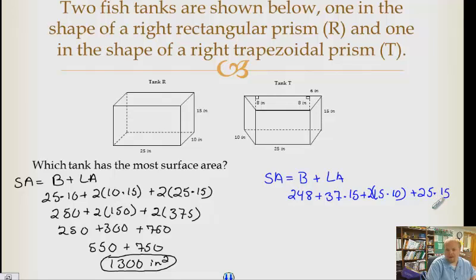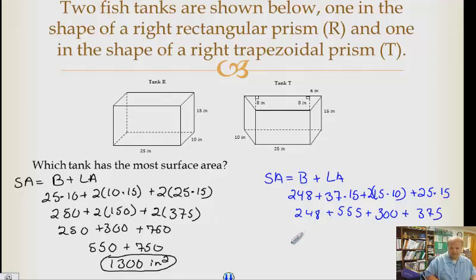Okay, well 37 times 15 is 555. This is 15 times 10 is 150 times 2 is 300. And this we know from before is 375 plus 248.